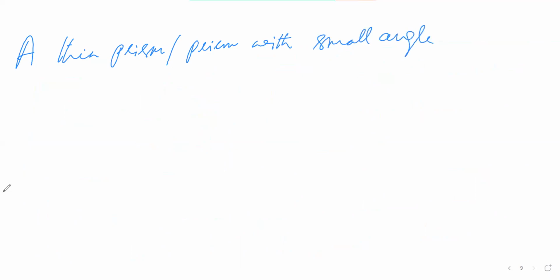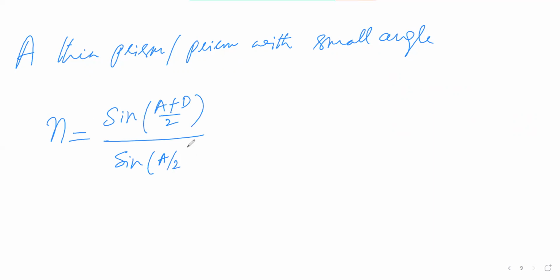Okay. A thin prism, or prism with small angle. Then the expression will change. Sin of (A plus D) by 2, whole divided by sin A by 2, correct?